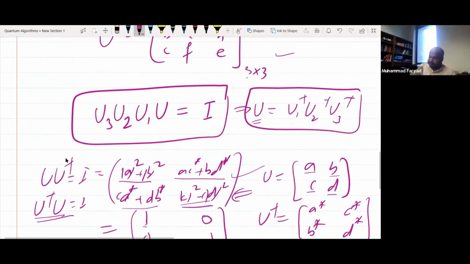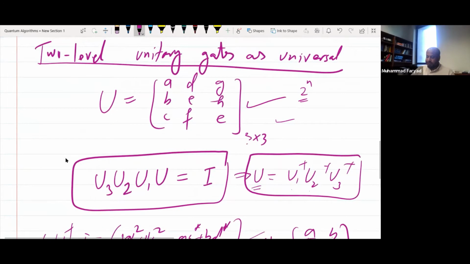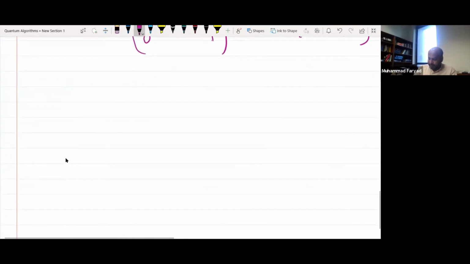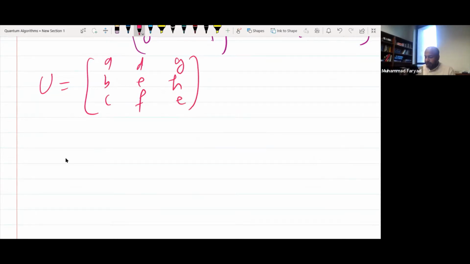And let me now get back to this one. So this is the U that we have to work with: A, B, C, D, E, F, G, H, I. Okay, now the trick is that I first want to have a 0 at this place, because we saw that two-level unitaries have a lot of zeros on off-diagonal entries.